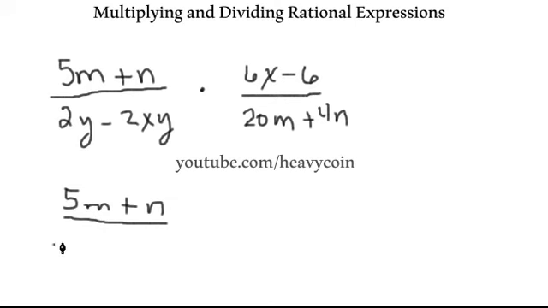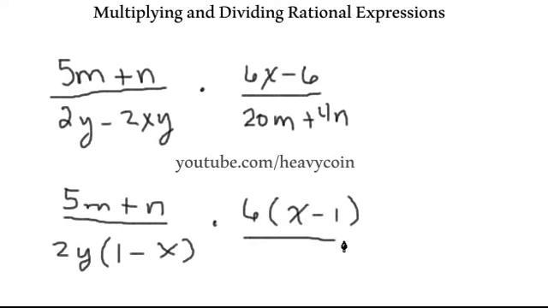Okay, so factoring out a 2 and a y, we're left with just a 1 minus an x times. Now up here we can factor out a 6. That'll be left with x minus 1 over, and we can factor out a 4 out of that piece there, so that's going to give us a 5m plus n.